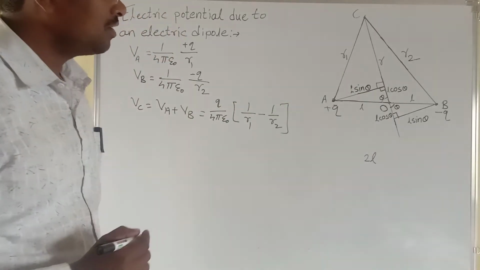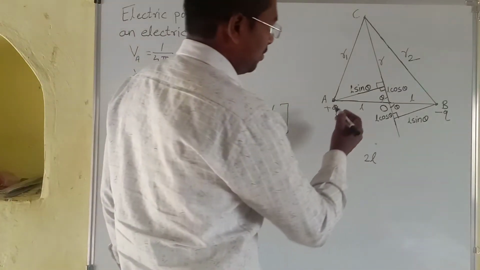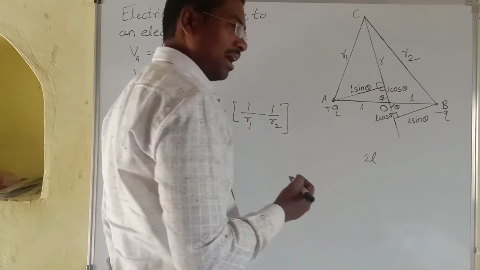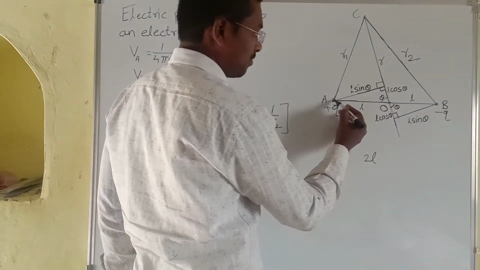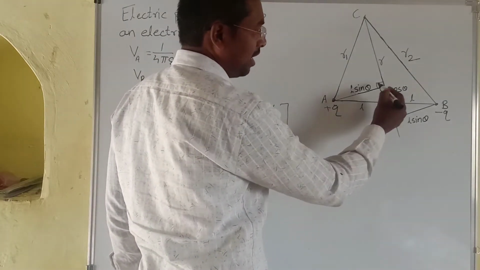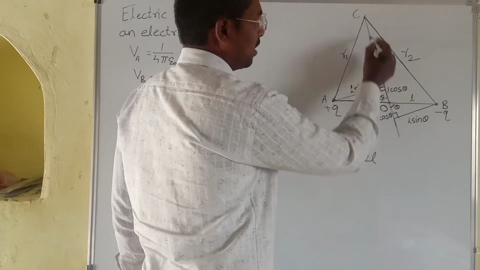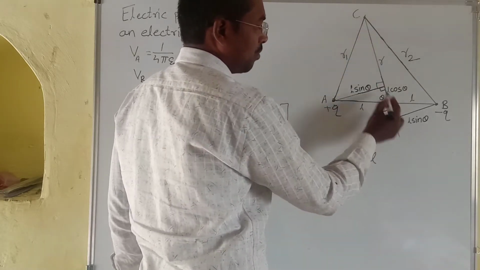So for that, we draw lines in the diagram. The first line is from point A, perpendicular to the line OC.